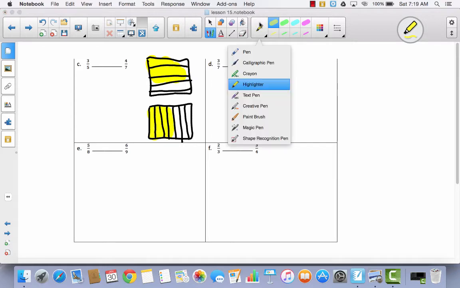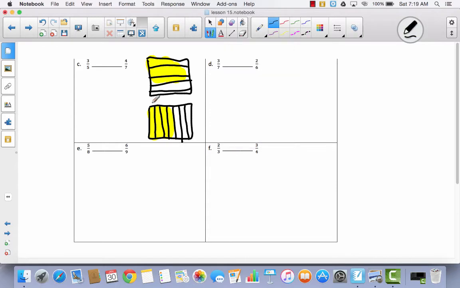All right, now I'm going to take my fifths and divide them into 7 parts. So I'm going to draw 6 vertical lines. And I'm going to divide my sevenths into fifths by drawing horizontal lines.